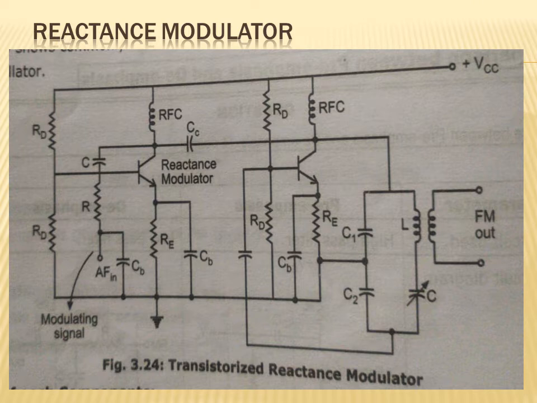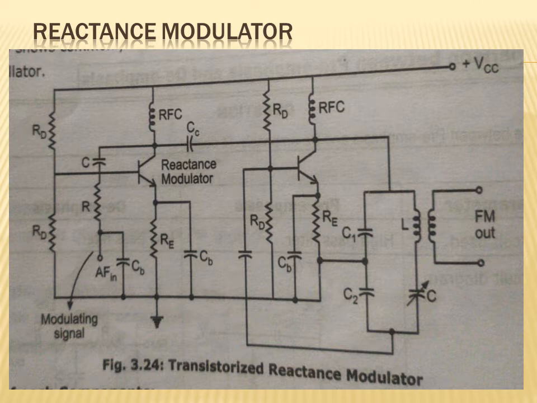CE is the emitter bypass capacitor. RD is used for stabilization purpose. RFC is the radio frequency choke, which is used for isolation, that is, to isolate the DC signal from the oscillator circuit. The AF input is applied to the base of the transistor according to the modulating signal.